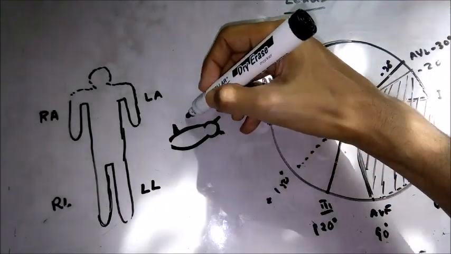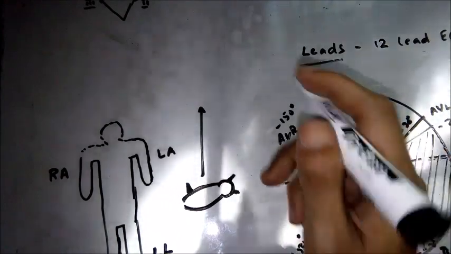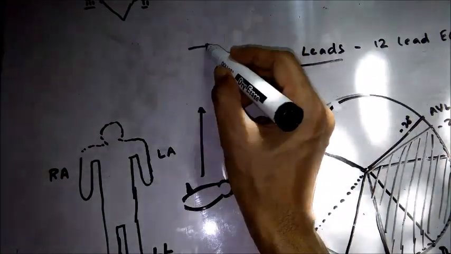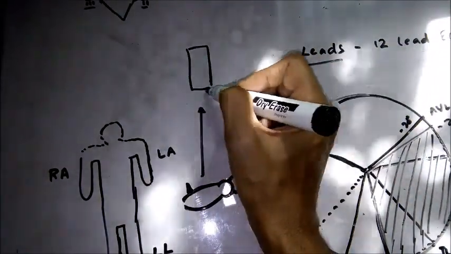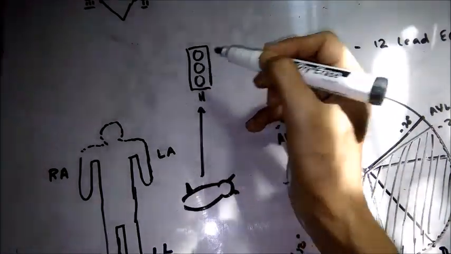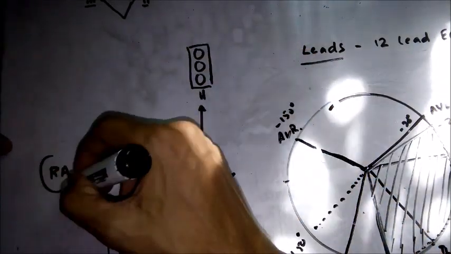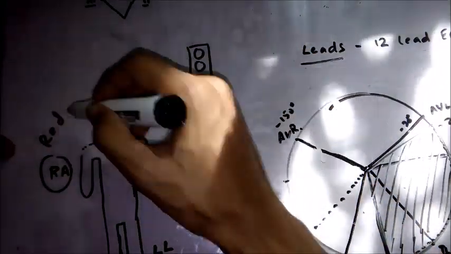One of the ways we can use to learn the colors is to think about traffic lights. The traffic lights are red, yellow and green. Red gets attached to the right arm, right? So the red clamp will come over here.